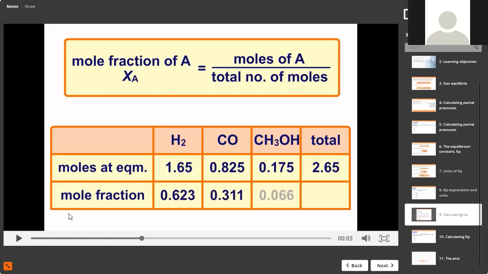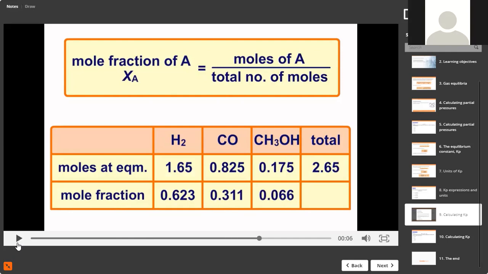You do the same for CO. We'll do 0.825 divided by 2.65, and that will give us 0.311. And then finally, 0.175 divided by 2.65 will give us a mole fraction of 0.066. So that is our mole fractions that we have calculated.